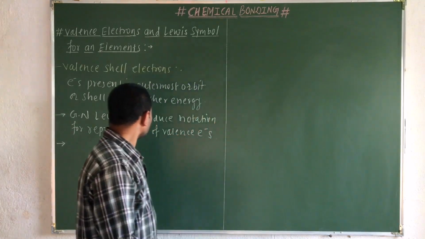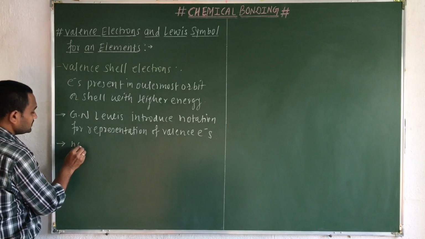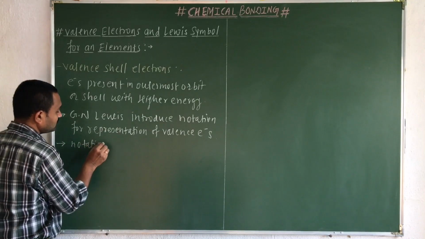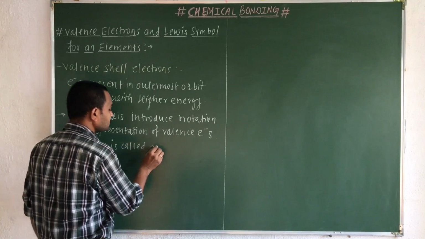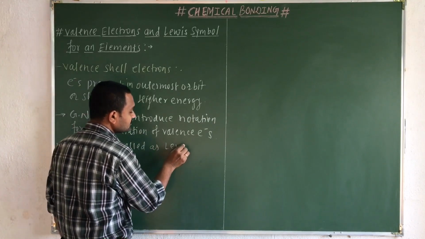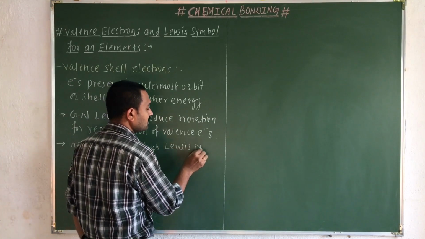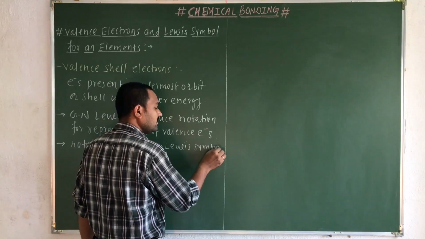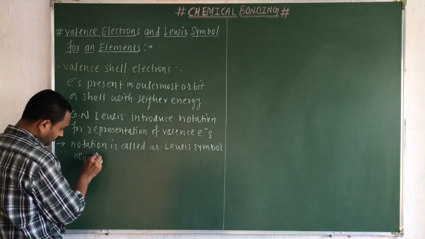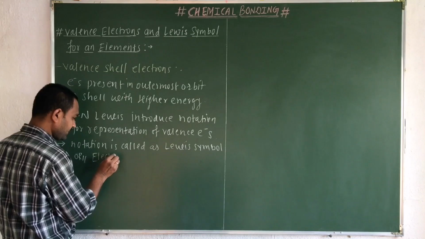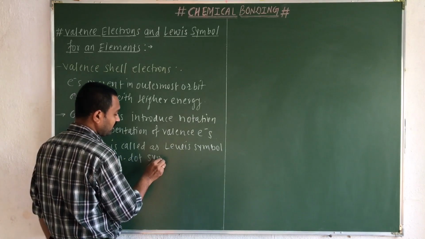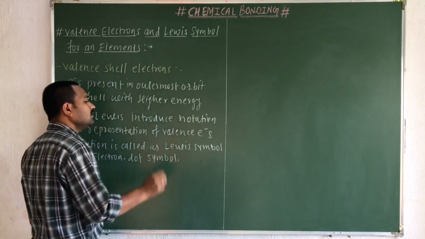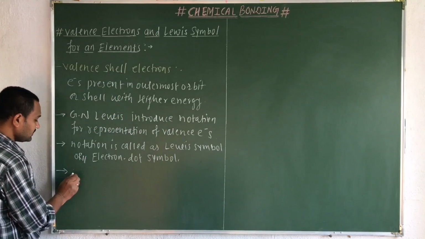So that notation is called the Lewis symbol, or it is also called the electron dot symbol.